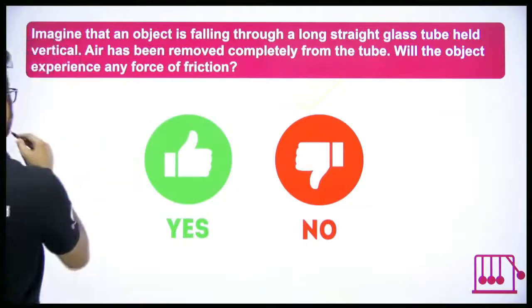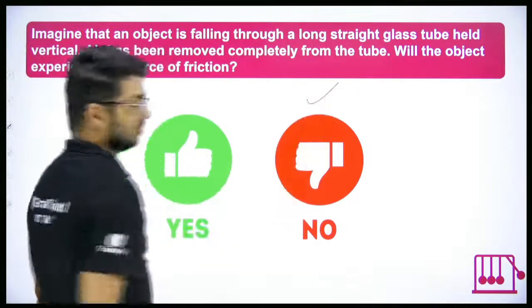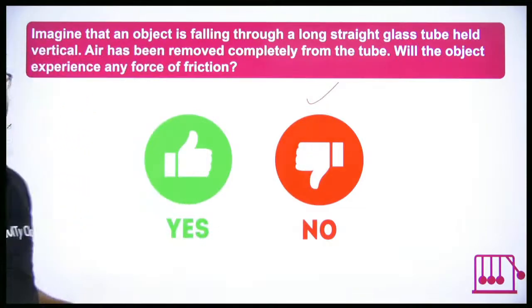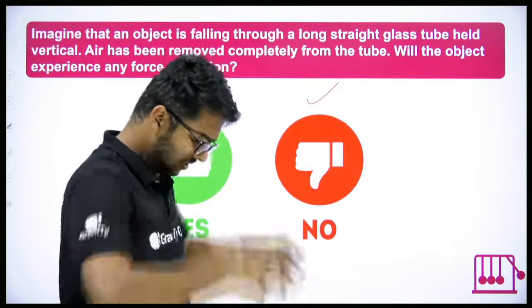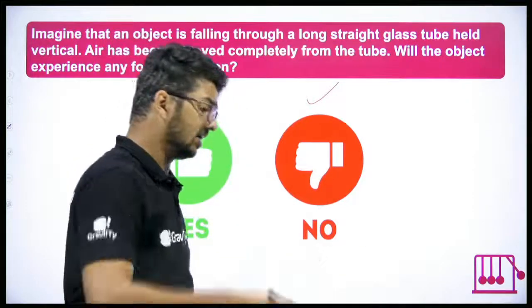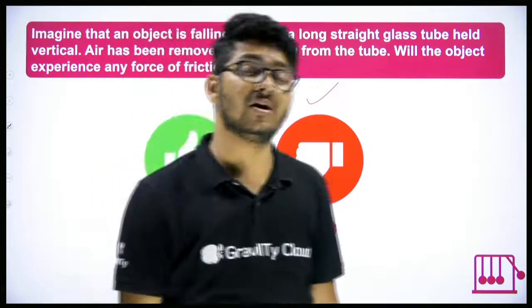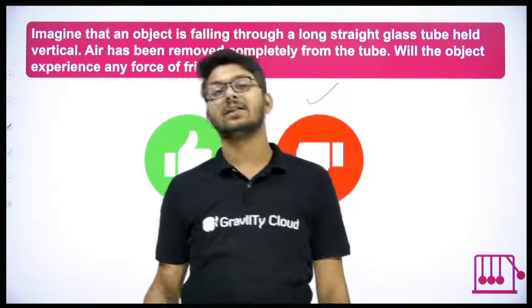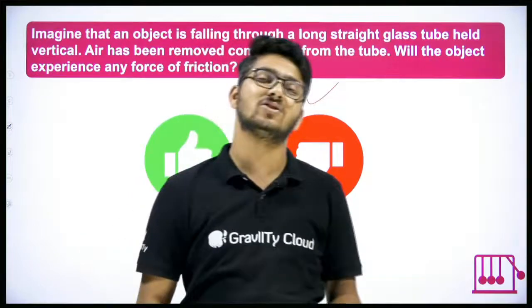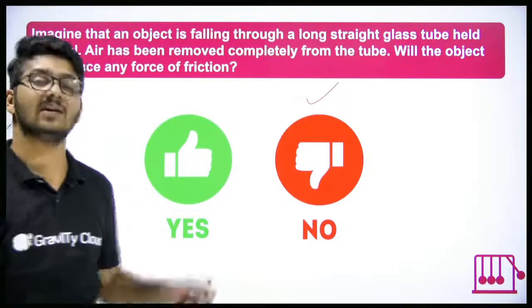Now, why is it no? It's a very simple reason. For friction to act, the object should be in contact with any other object. Now, imagine this. You have a glass tube. In that glass tube there is no air and the ball is just falling down. If there is no air, the ball will not be in contact with anything else. It is not touching air, it is not touching the glass tube, it is not touching anything.